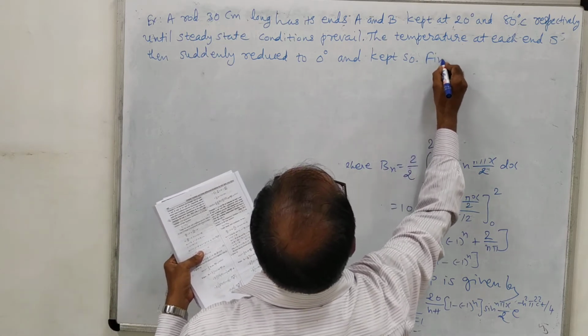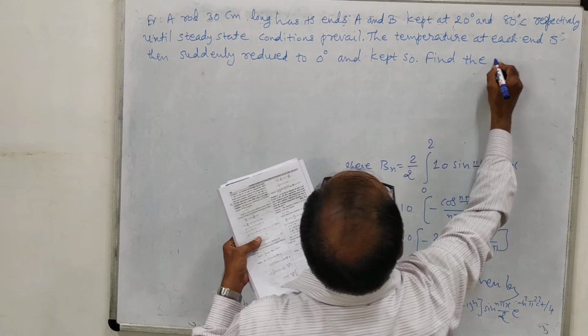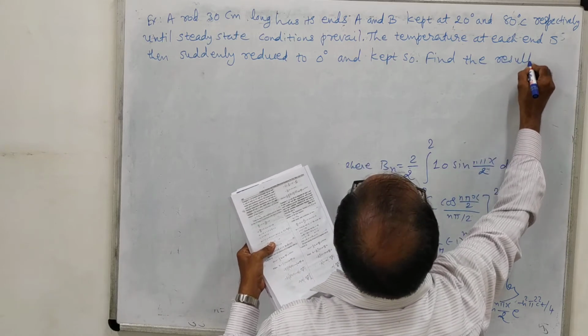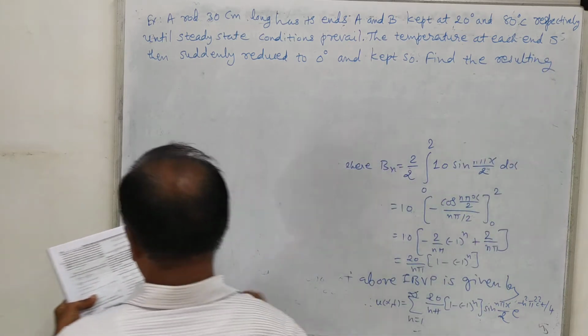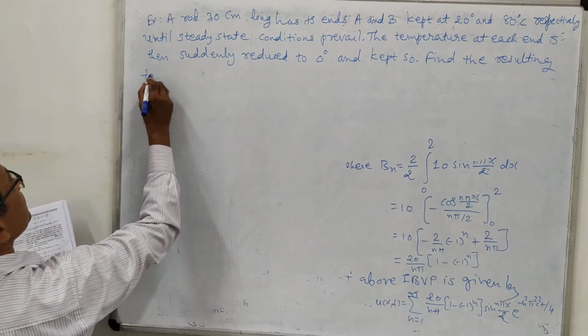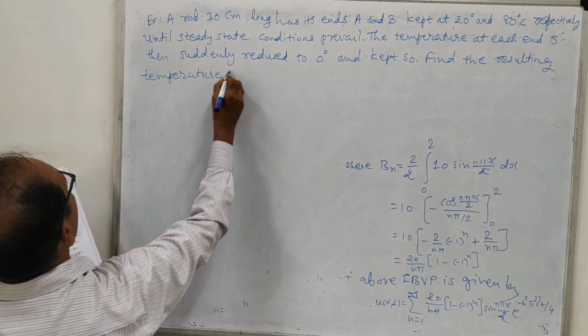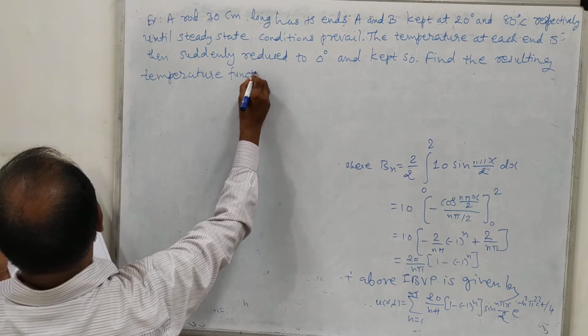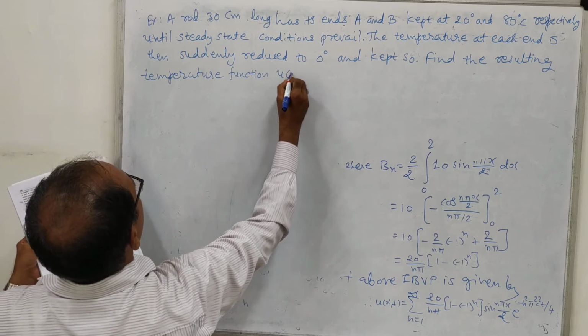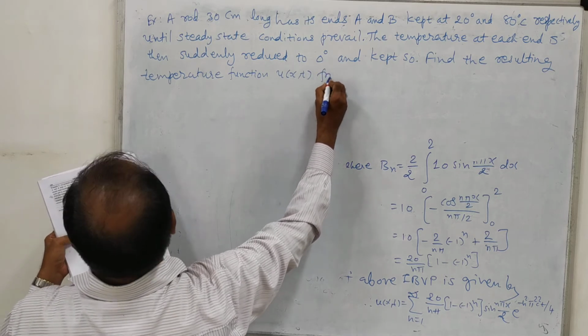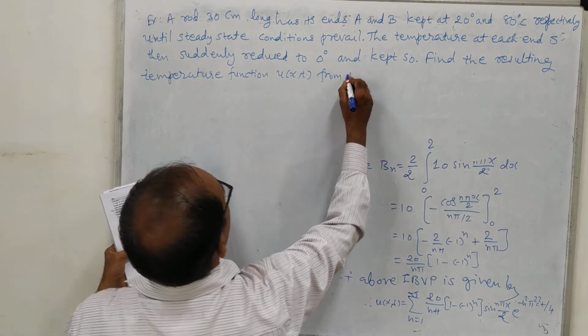Find the resulting temperature function u(x,t) from the end A.